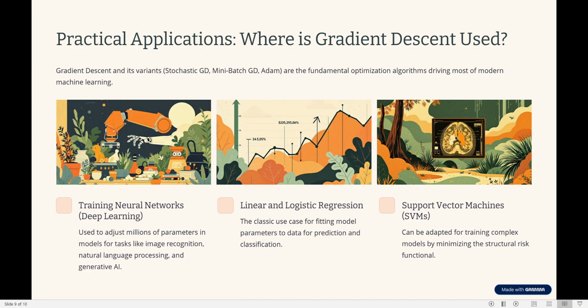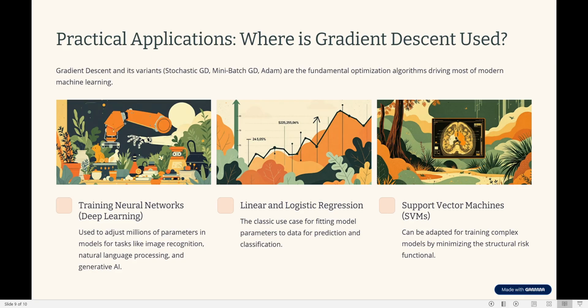Now we see the practical applications. Where is gradient descent used? Practically everywhere in machine learning. Neural networks: it trains millions of weights in a deep learning model, powering applications like image recognition, natural language processing, and Gen AI, meaning generative AI.